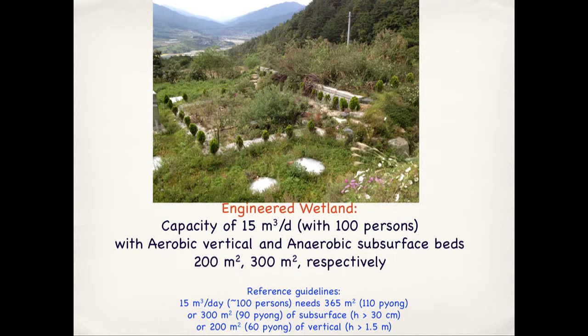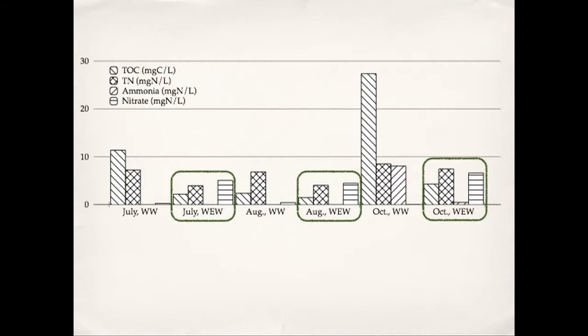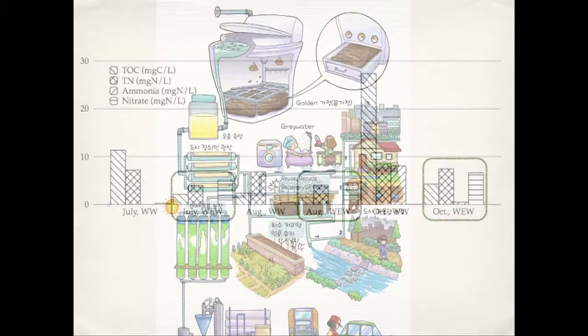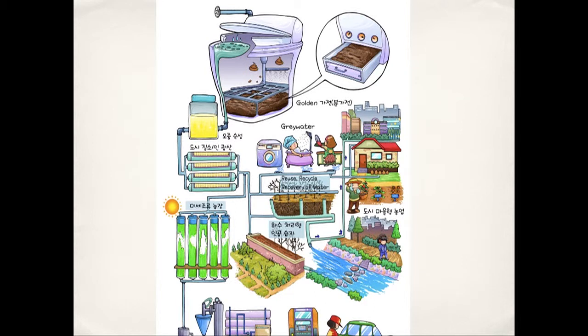So we use just this engineered treatment wetland to treat gray water to achieve effluent water quality. We have been successfully operating this. We combine every engineering concept in our idea.